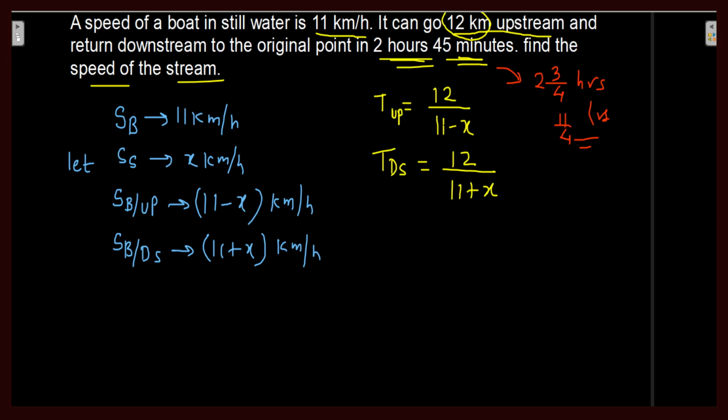So the time taken to go upstream is 12 by 11 minus x plus the time taken to go downstream is 12 upon 11 plus x, which is equal to the total time, 11 by 4.